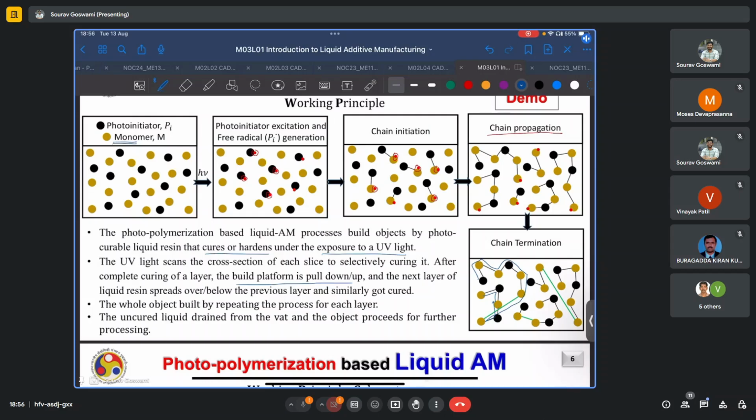After this, the next layer of liquid resin spreads over or below the previous layer, and the process continues. The whole object is built by repeating the process for each layer, and the uncured liquid, which has remained in the liquid state, is removed from the vat, and the object may proceed for further processing.